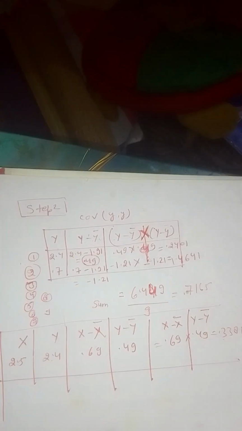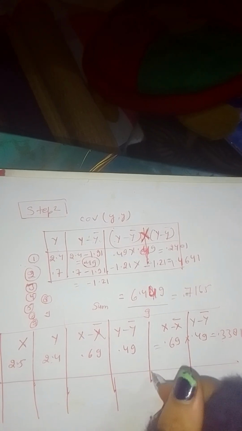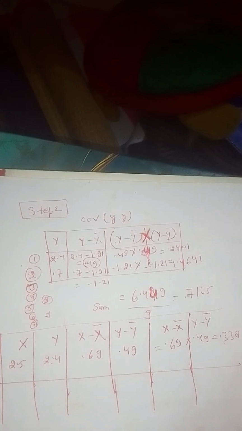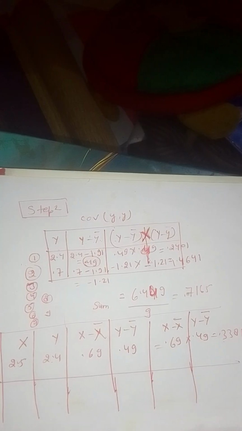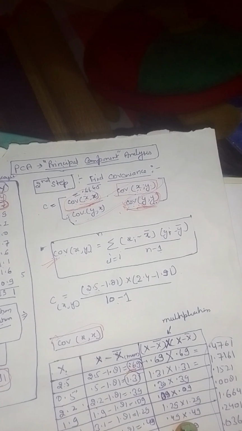So all this table you have to make here. For xy also you have to take the number of records each and every time and calculate like this. Formula I have given you.